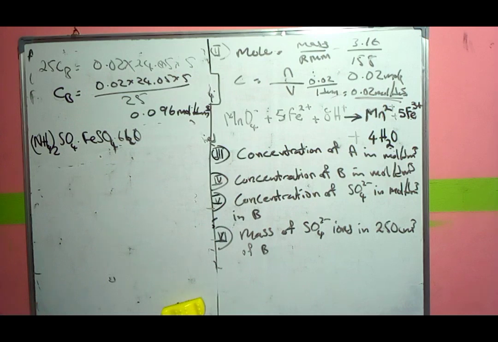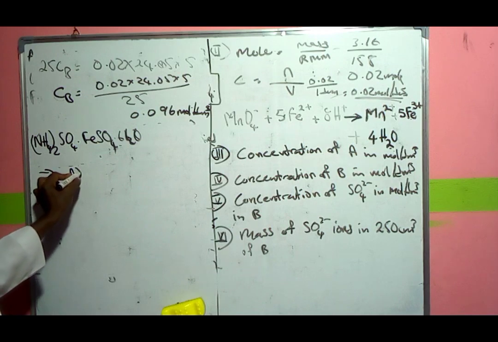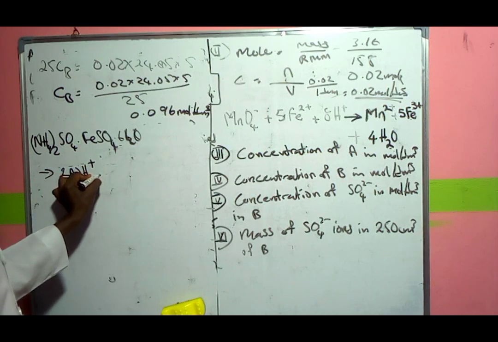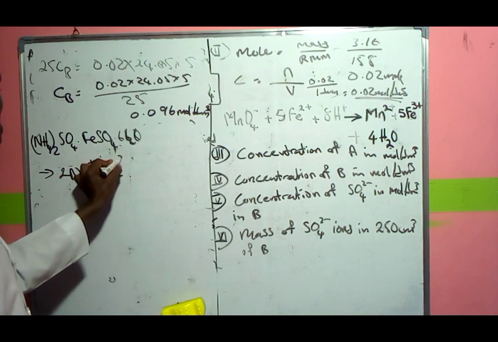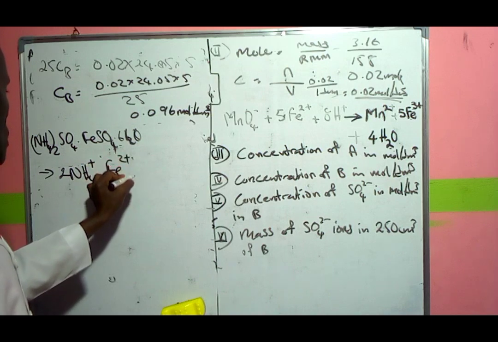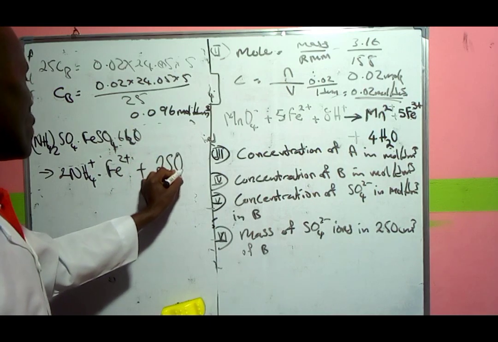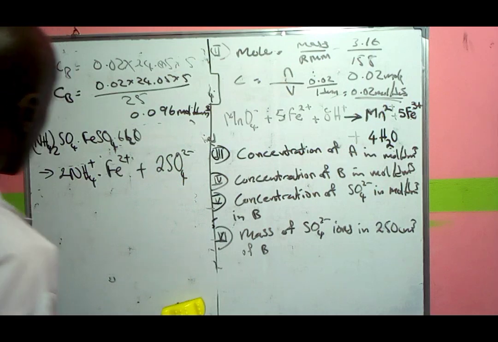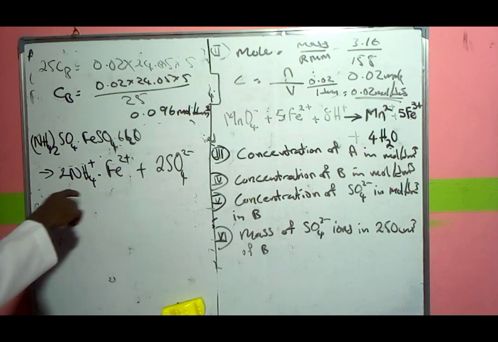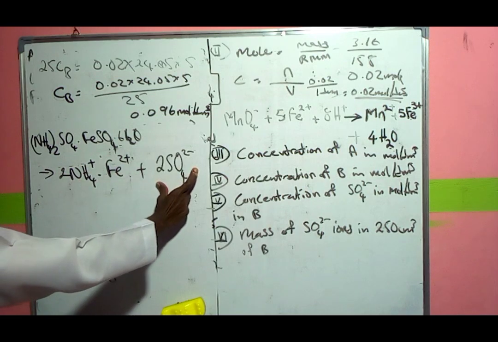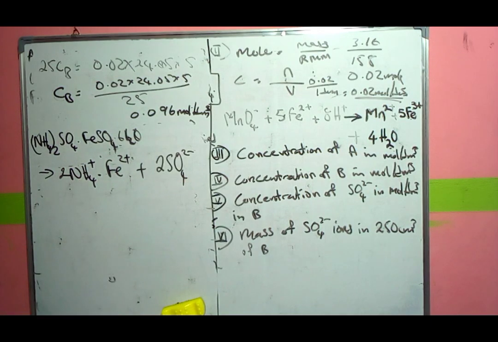Actually, when this ionizes, the major components we will have are ammonium ion, iron 2 ion, plus tetrahedral sulfur 6 ion. Looking at this, you find out that 1 mole of this ammonium ferrous compound will ionize to give us 2 moles of tetrahedral sulfur 6 ion.